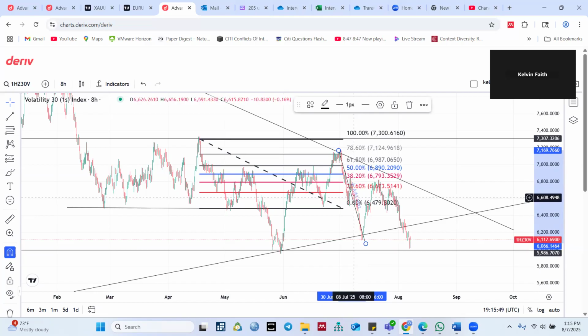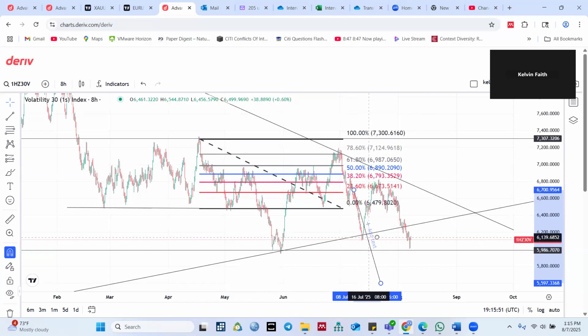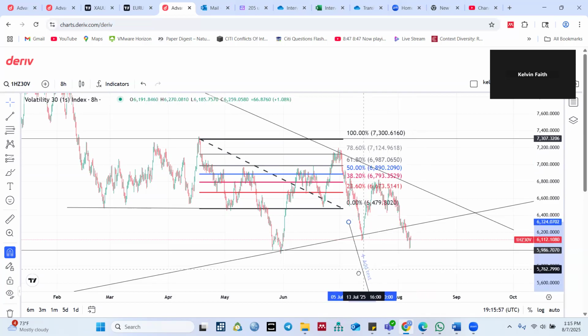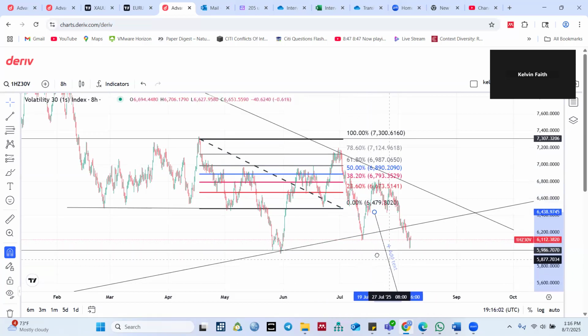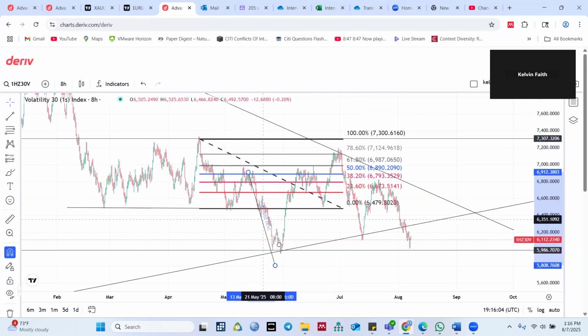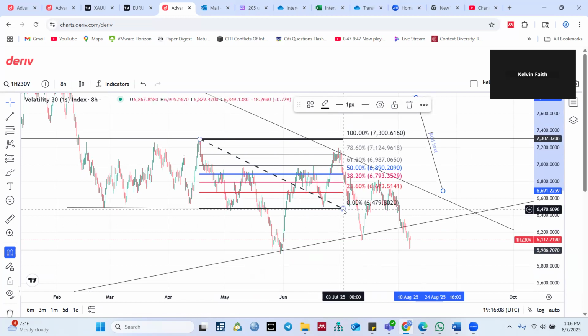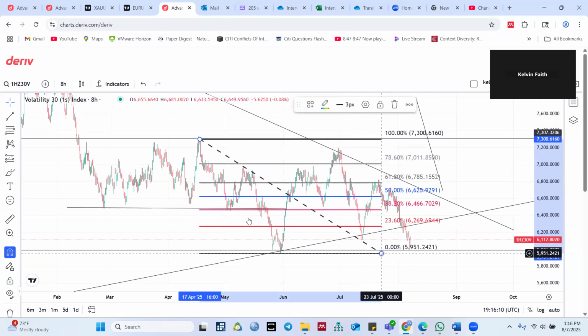Now, once price is below this area and these areas, these are zones for looking for buys, because when we had this low here, it created a new range for us, from the top here to down here.